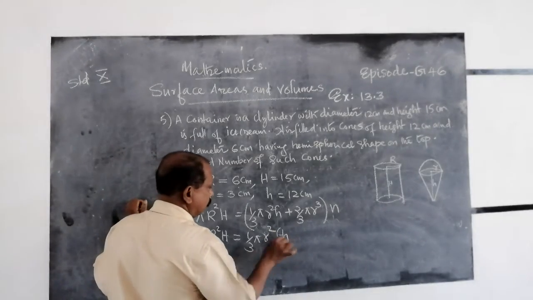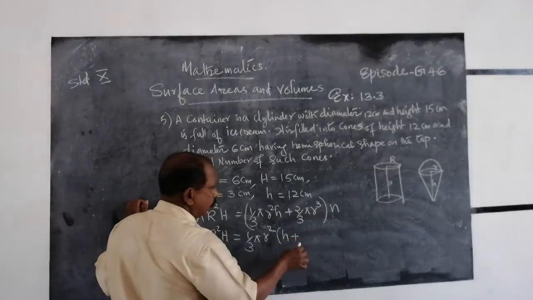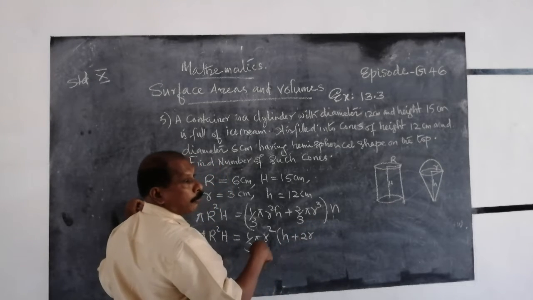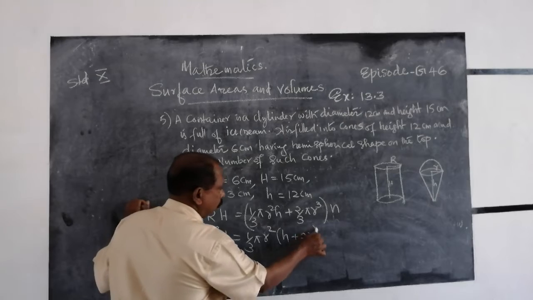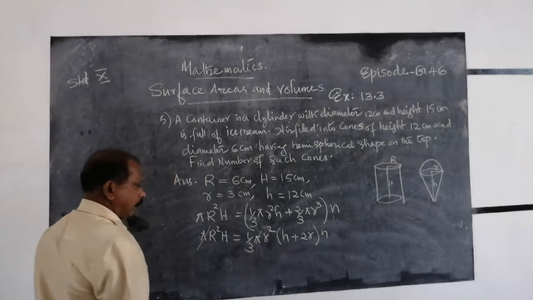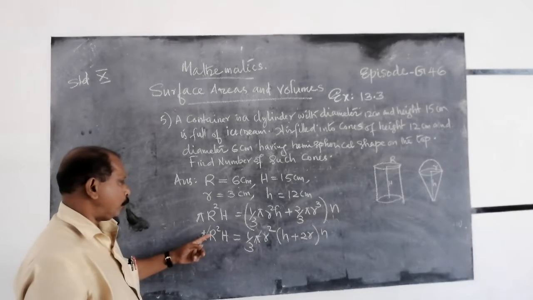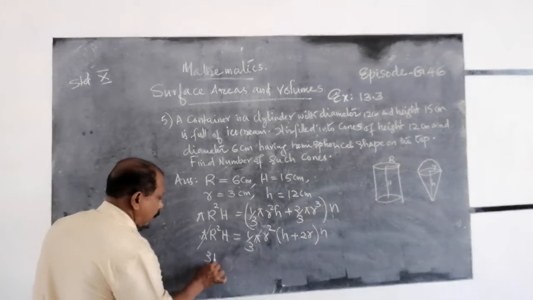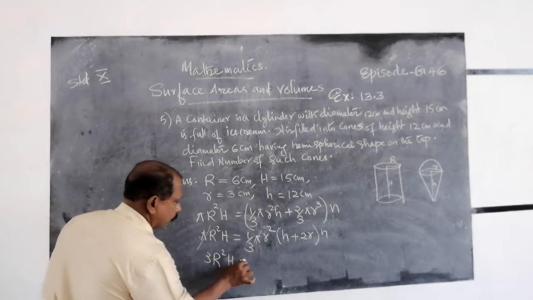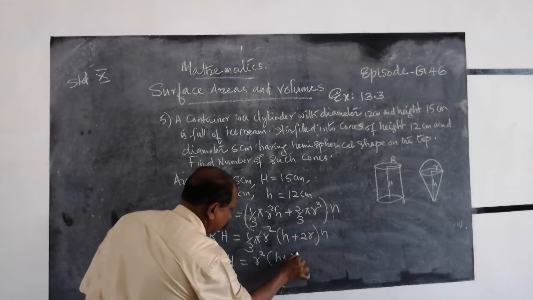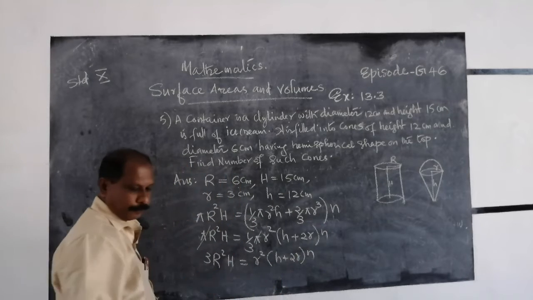Therefore, h plus 2r, because r cube, r square is common, we get r, therefore 2r into N. Then pi and pi cancel. 3 goes to the numerator. Therefore, 3 R square H is equal to r square into h plus 2r into N.